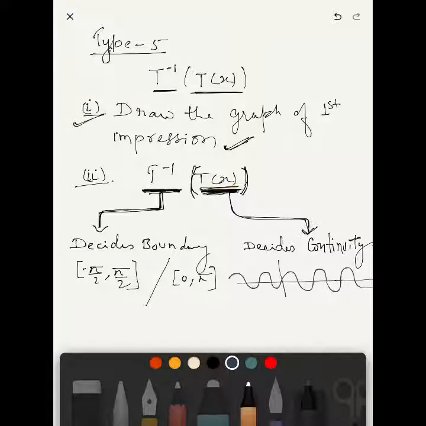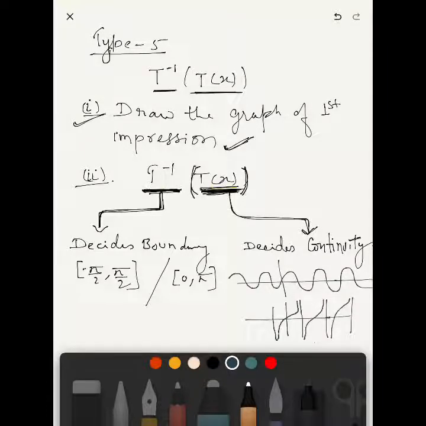But when you draw the graph of tan x, with pi by 2 here, your graph comes from infinity, crosses the origin and goes to minus infinity. Again you have to lift up the pen and draw from here, and this goes on.